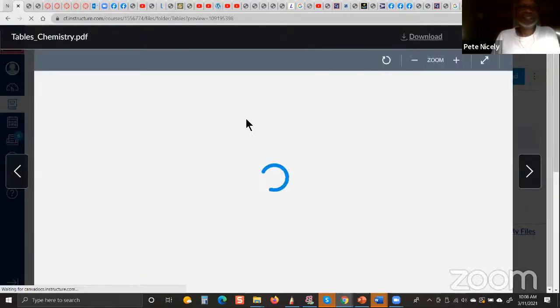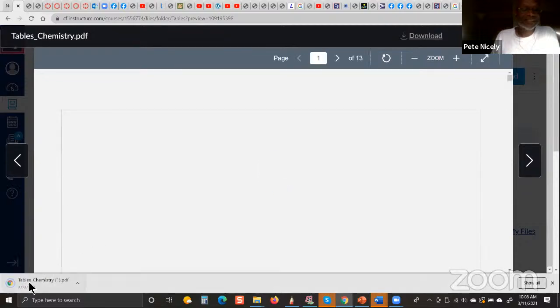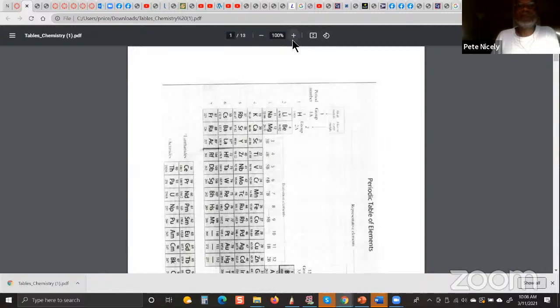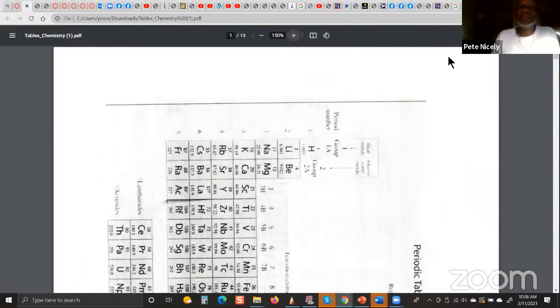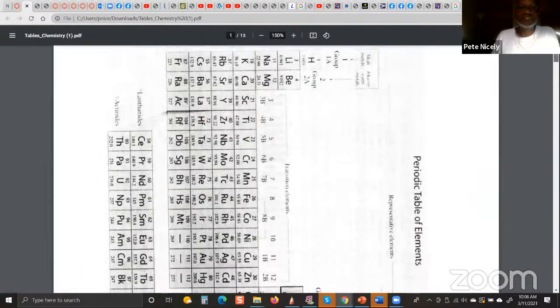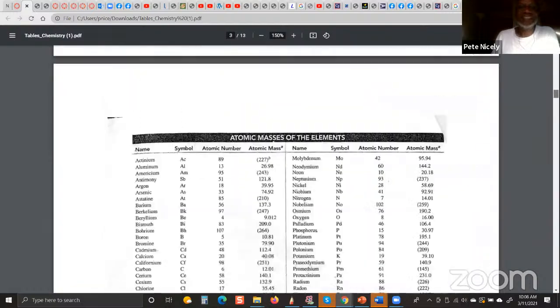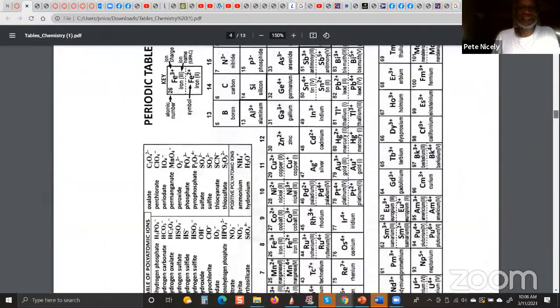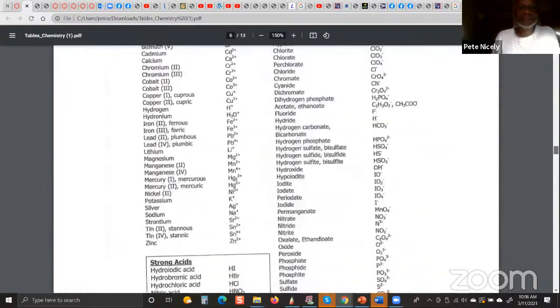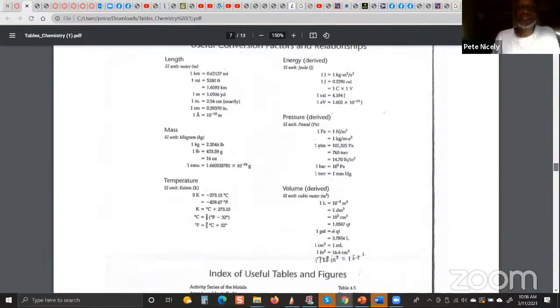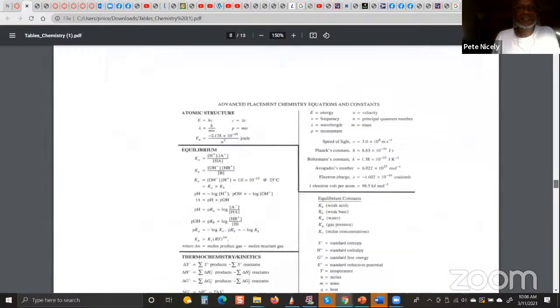So let me download this. In this table is some information about particles like protons, electrons, and so on, the masses especially. Let me see if I can find it here.